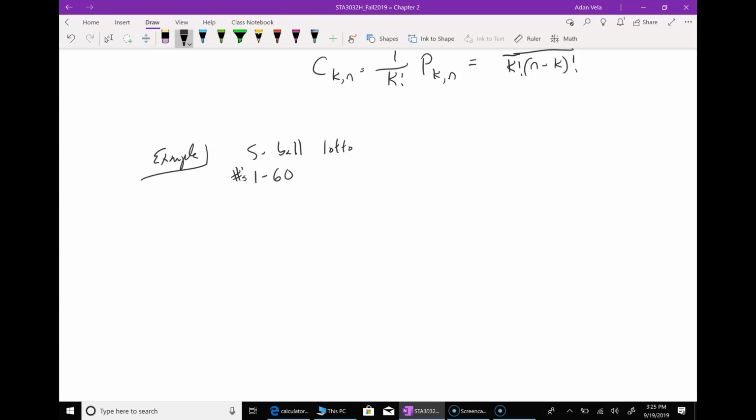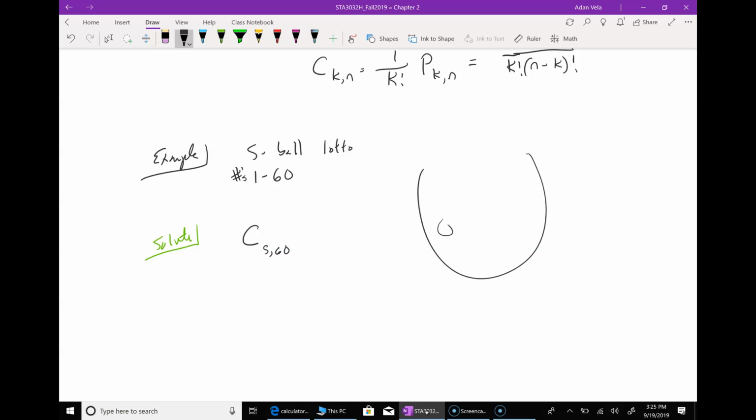This is a pretty straightforward problem. All we want to calculate is the combinations of 5 from 60. So 60 choose 5.